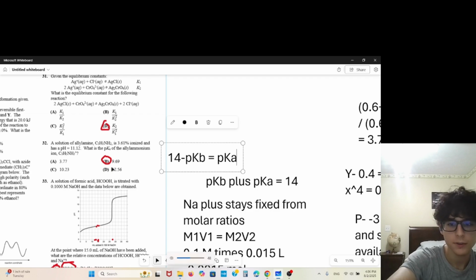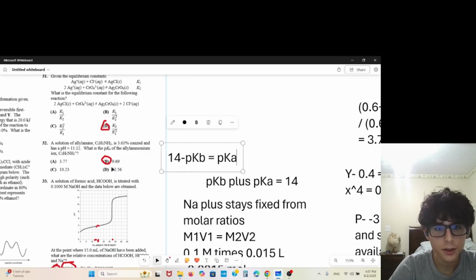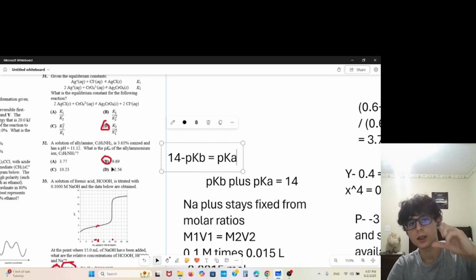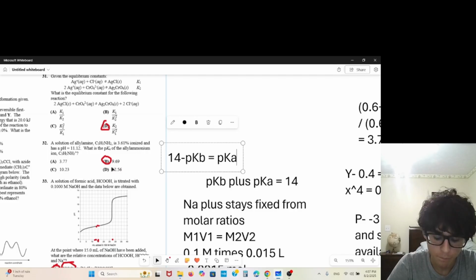over, right, over the bottom remaining. If it's 3.61% ionized, that means that 0.0361 of our total amount is 10 to the negative 2.88. So we're going to divide, right?